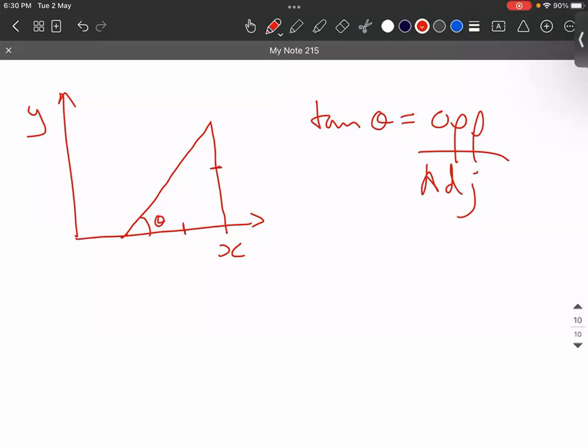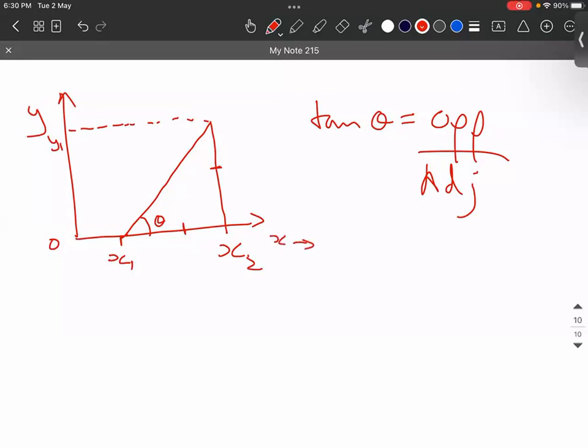Let's say I have 0 and this point is called y1. I call this x1 and this one x2. Just imagine.